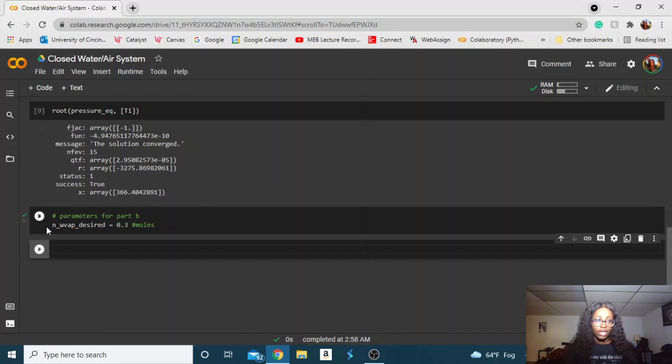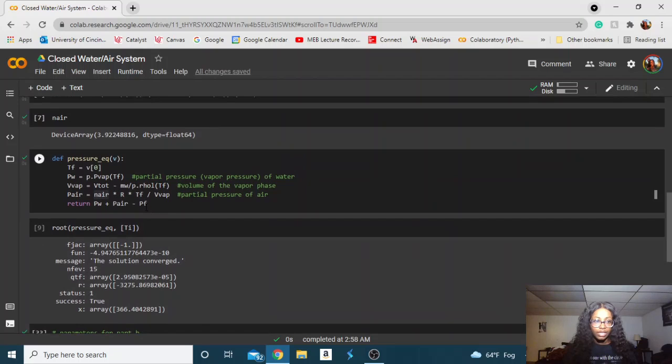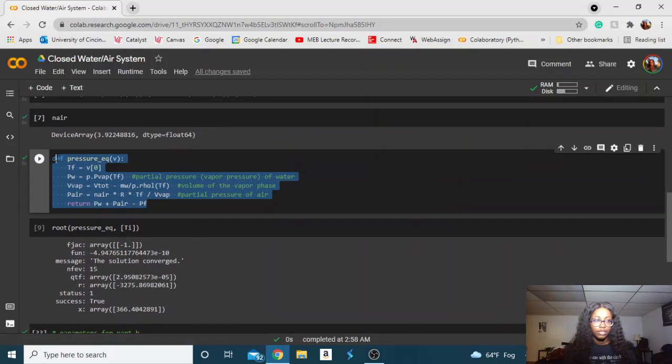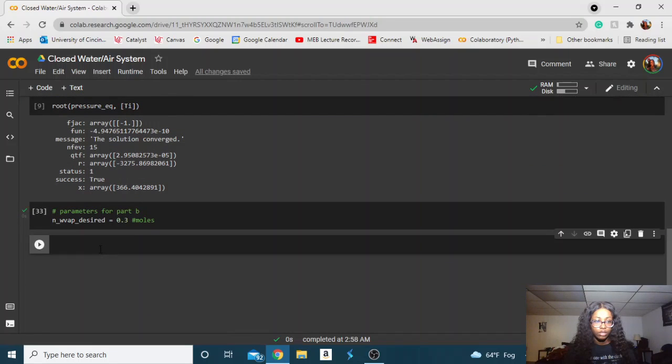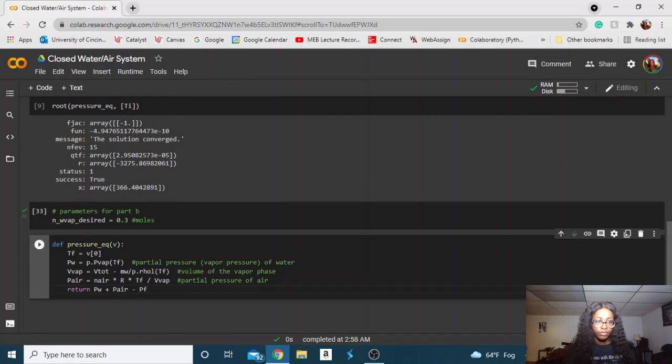And next we can copy and paste this chunk of code and begin to alter it so it fits the parameters for part B. So we're definitely going to want to change pressure equation to something else, and to be simplistic and straightforward as I always am, I'm just going to change it from pressure equation to pressure equation 2.